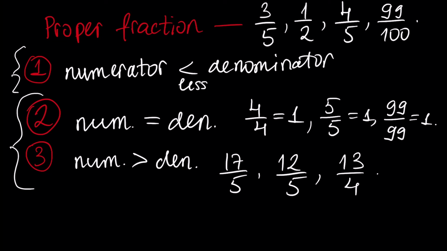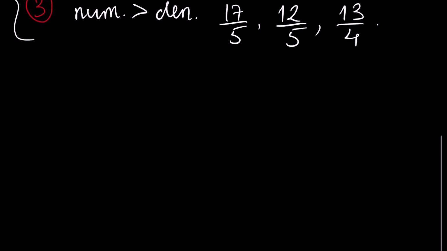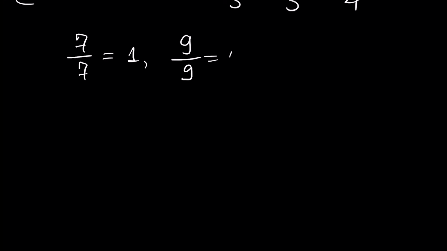Let's talk about basic calculations with improper fractions, with examples, because only examples can explain how to deal with fractions. 7, for example, over 7 will be 1. We just have to divide 7 by 7. 9 over 9 will be 1. And any number divided by itself will be 1.